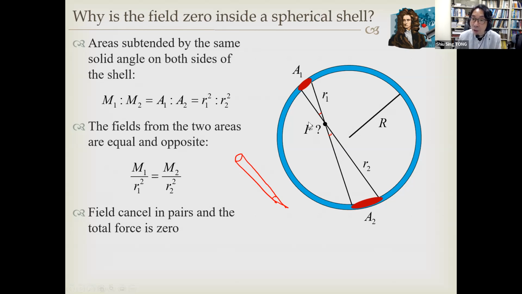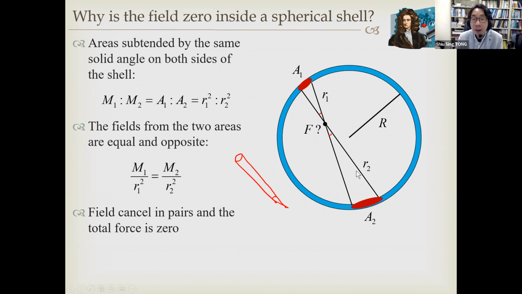And if you form a summation of all the opposite pairs, if you consider the whole shell to be divided into many, many such pairs, then the gravitational force of each pair cancels, and so the summation of all the forces will be canceled. And so the resultant force will be zero.